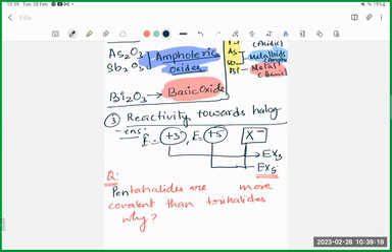But nitrogen is only stable in the trihalide, not in the pentahalide form. So why does nitrogen not form the pentahalide? The reason we can give is the same.